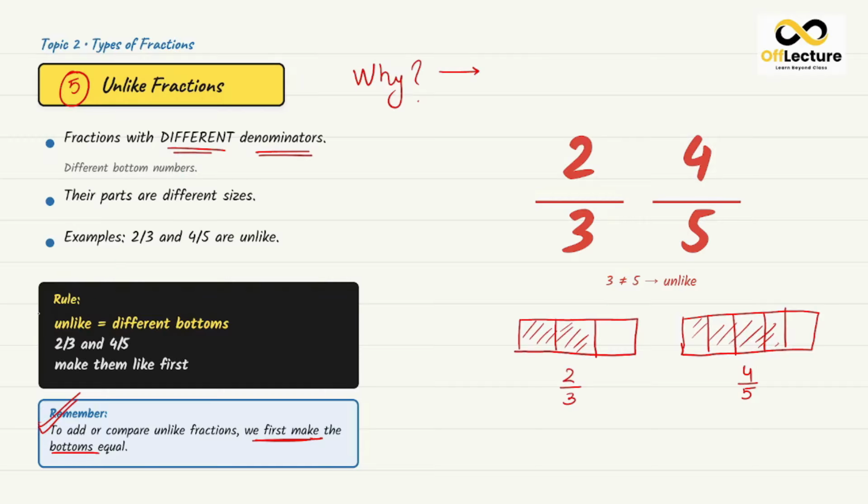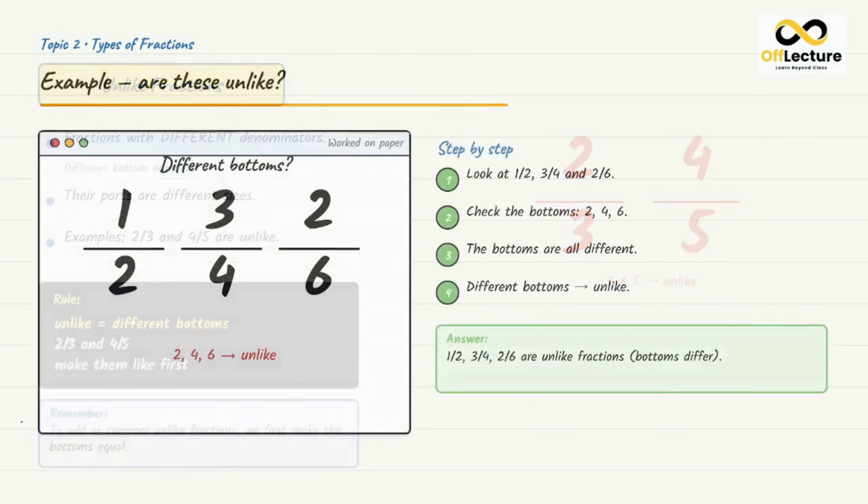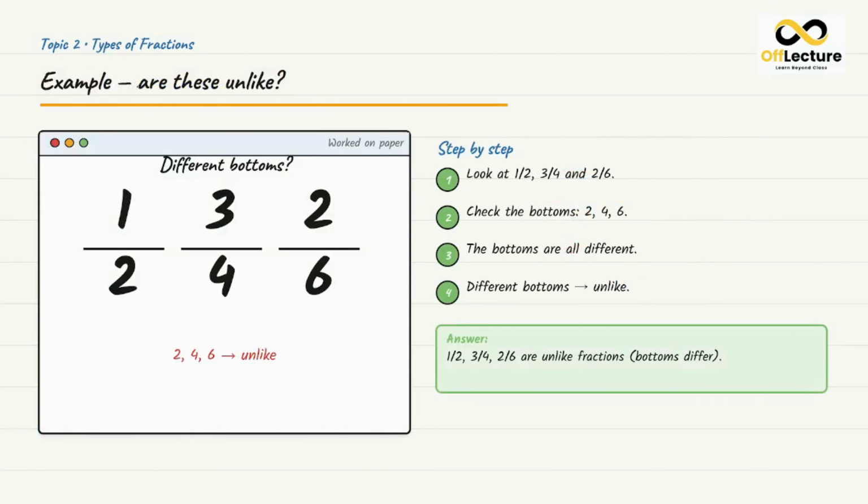So the rule for unlike fractions is that their denominators are different, and you have to make them like fractions first. Now you have to identify whether these three examples are unlike fractions. Do they have different bottoms?